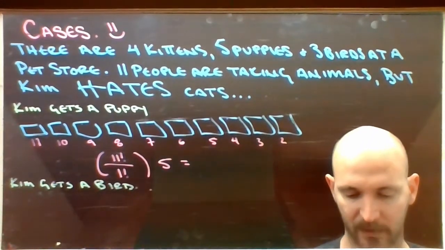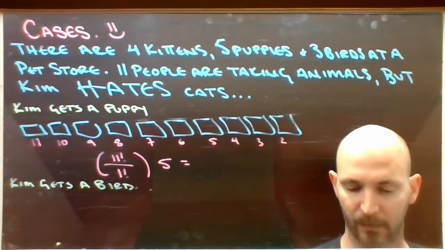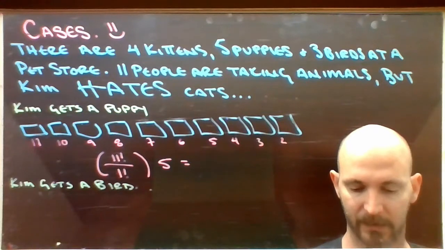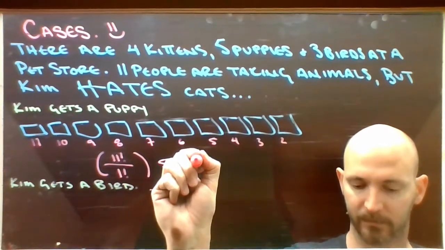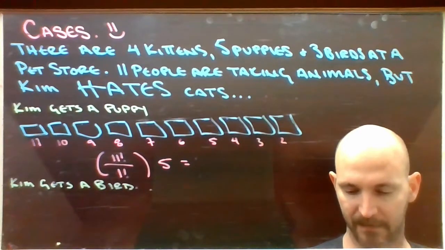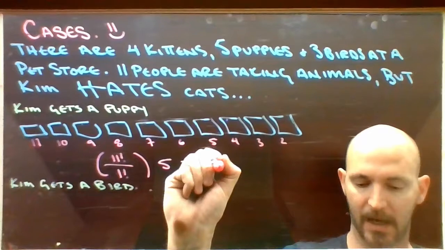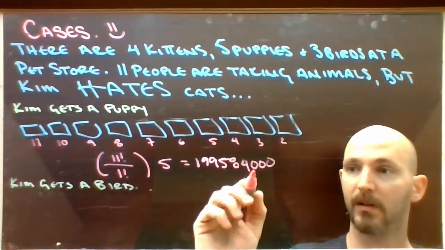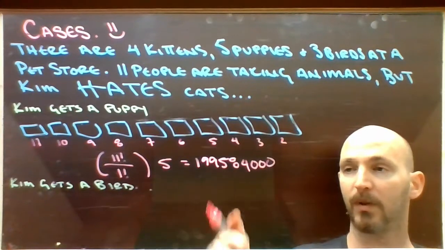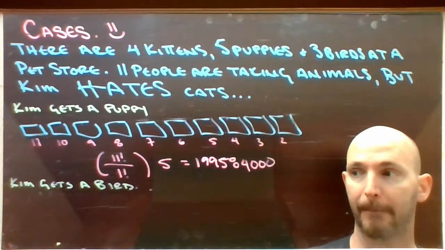So 11 factorial is an outrageously large number. 399,168,000 multiplied by 5 gives me 199,584,000. 199,584,000 different ways that could shake out.